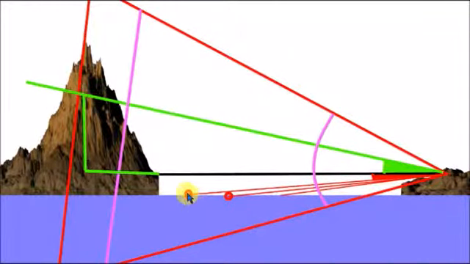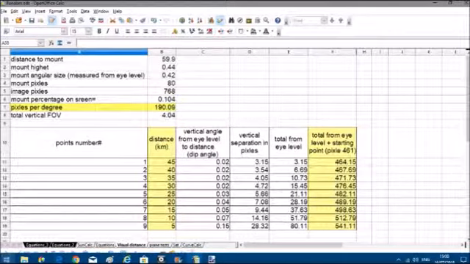And now I have an altitude and a distance, so I get an angle, and that angle I can translate into pixels and measure these pixels from the eye level downward. So I made a spreadsheet. As you see here, this is the most important part.